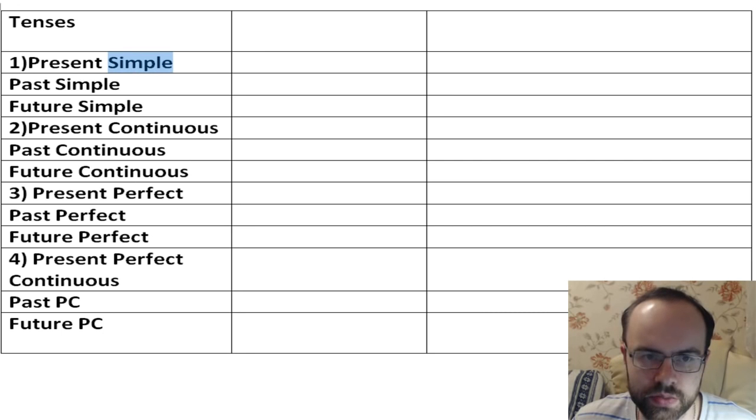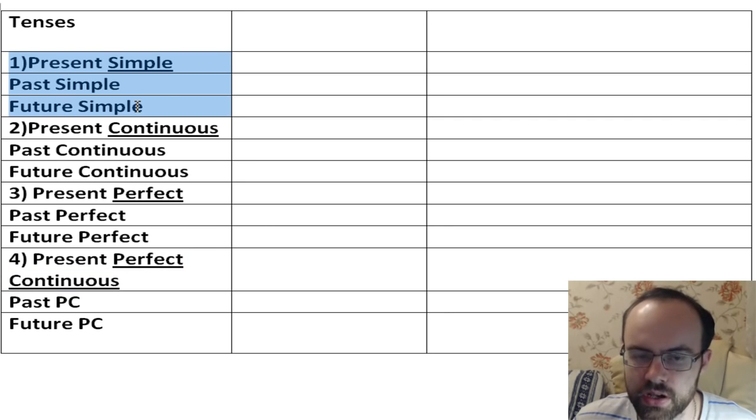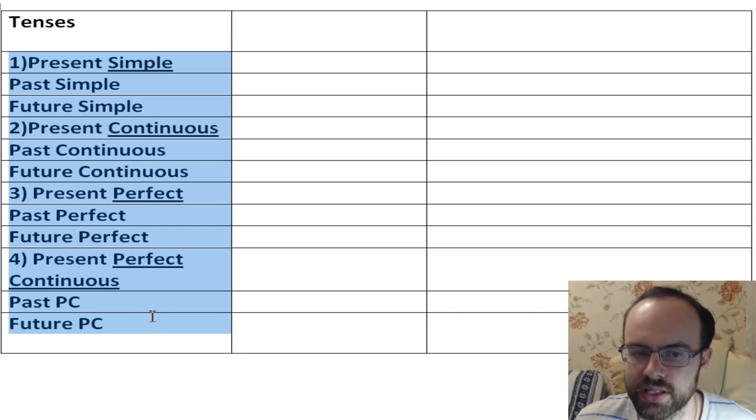We call these groups simple, continuous, perfect, and perfect continuous, and there are three times for each group. As a result you have 12 tenses. So 3 plus 3 plus 3 plus 3 is 12, or you can multiply 3 by 4 and you'll get 12. It's the same.